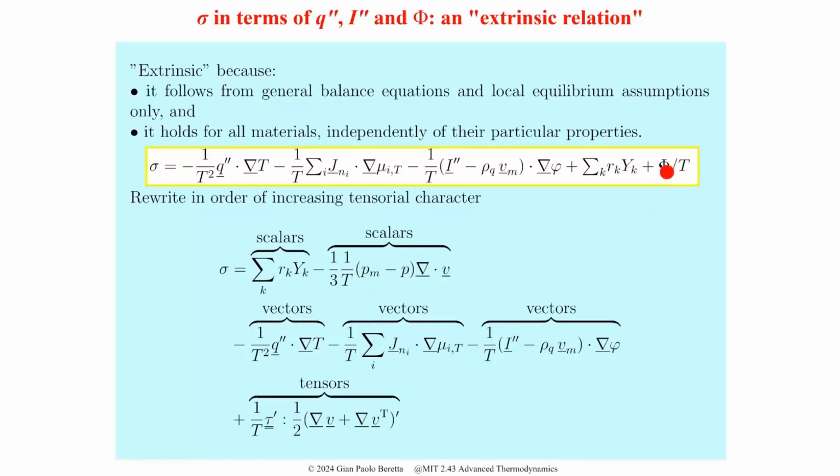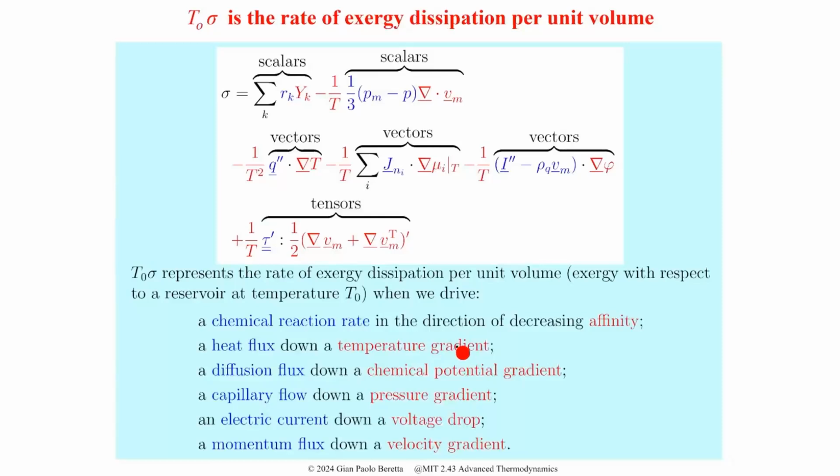Then there is a tensorial term, which is the one related to the contraction between the deviatoric parts of the stress and strain tensors. And the rest are vectorial terms: heat flux, electric current, flux of particles. These are vectors. Why is that important?